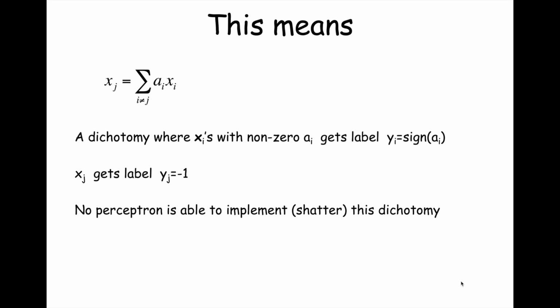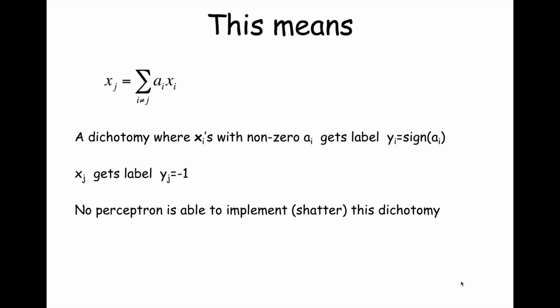And so we're going to do it in the following scheme. Let's take all of the xi's that contribute to the linear sum for the synthesized data point, and all of those with a non-zero coefficient ai are going to get a label that is +1 if ai is positive and -1 if ai is negative.